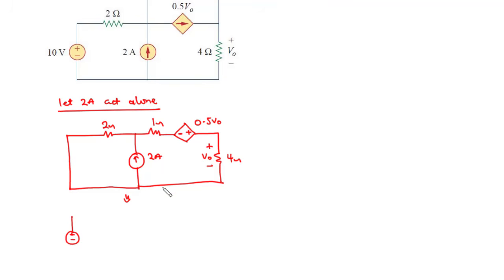So using Ohm's law, V equals 2 times 2, which is equal to 4. 2 amperes times 2 ohms, that is 4. So we have 4 volts in series with 2 ohms, and then you have this 1 ohm, and then the dependent voltage source 0.5 V naught.